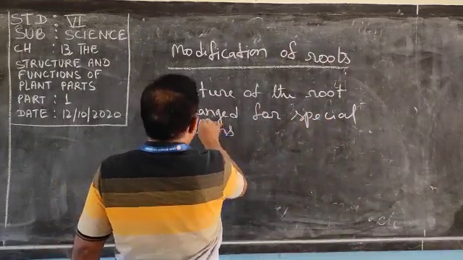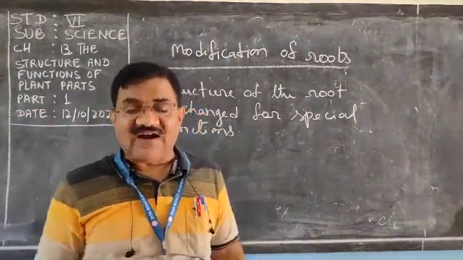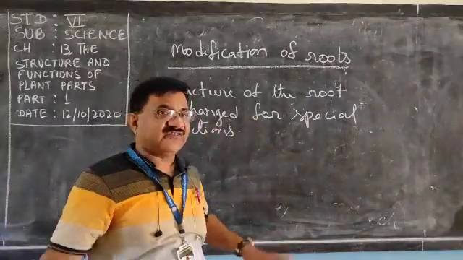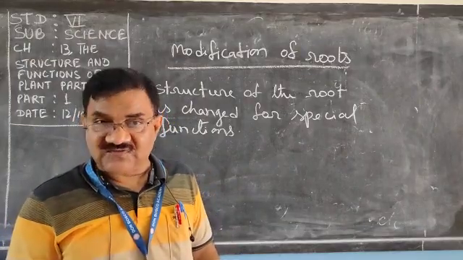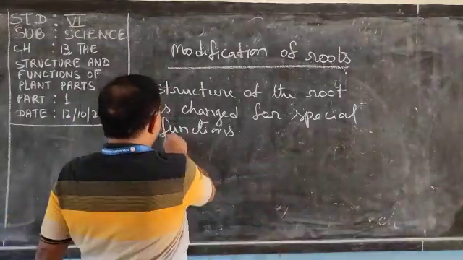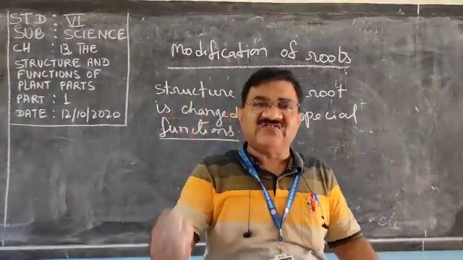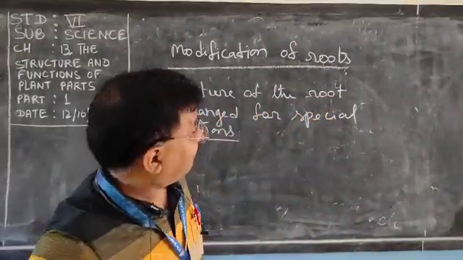Now try to understand: if the structure of the root is changed, for what purpose? The structure of the root is changed for a special function, and that is called modification of roots. So what are the functions for which the structure of the root changes? Let us discuss in detail.